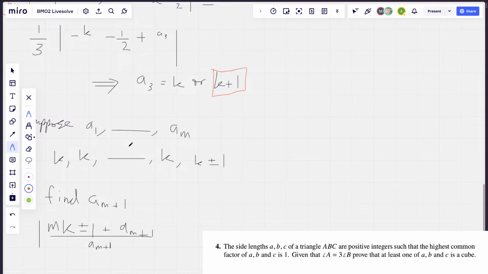But then A divides B, or then B divides A. Well, yeah, B divides A cubed, but they have no common factors, so A has to be one. Or actually, no, that's not necessarily true. B has to be one. B has to be one.